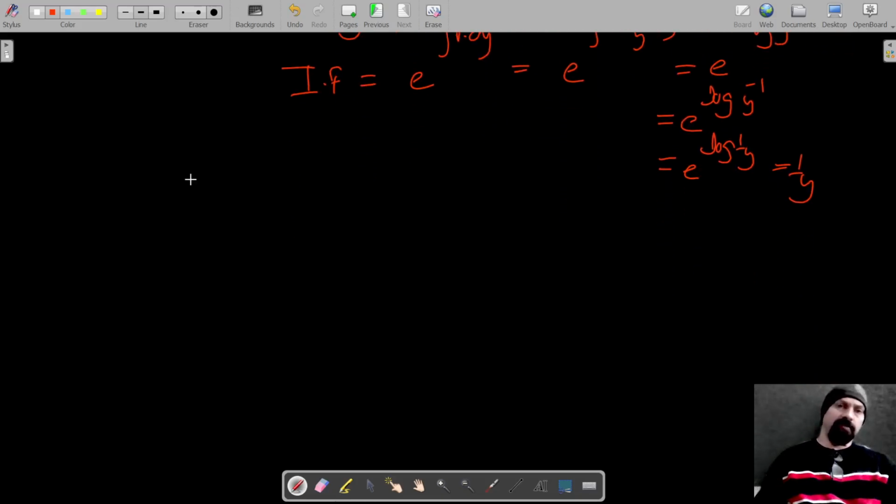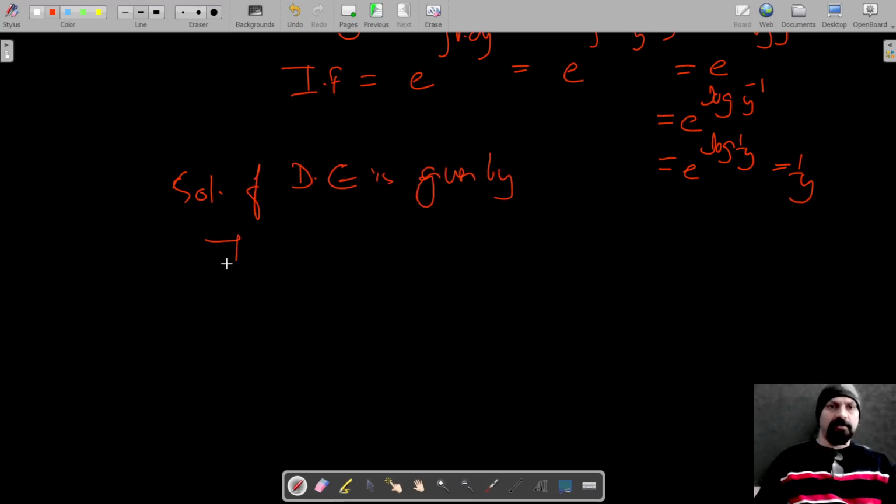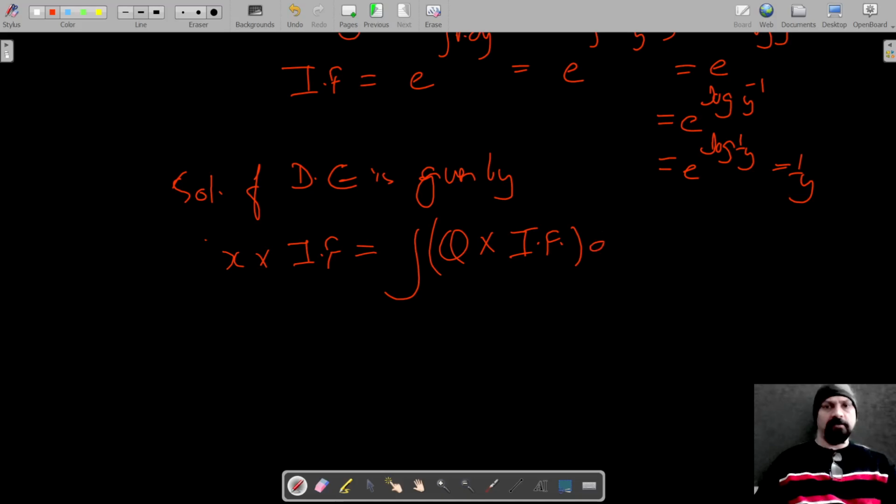So integrating factor is 1 by y, and the solution of such a differential equation is given by x into integrating factor is equal to integration of Q into integrating factor into dy plus c.